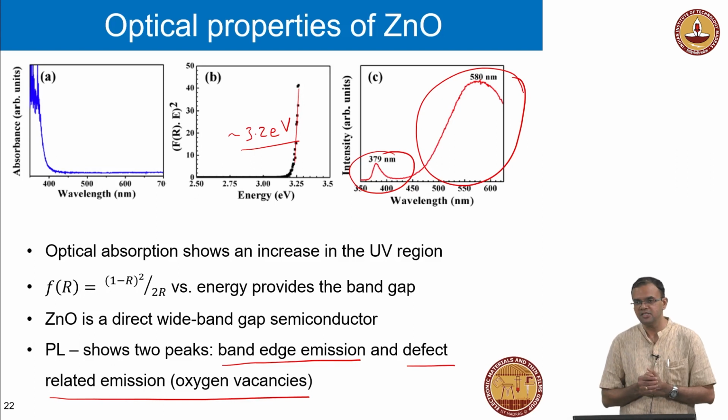Photoluminescence means I shine light and that creates carriers, and their recombination leads to light. Electroluminescence means I inject charge carriers, and when these charge carriers recombine, that's going to give me light. Let's see what cathodoluminescence would mean. I'm trying to break it down from first principles.